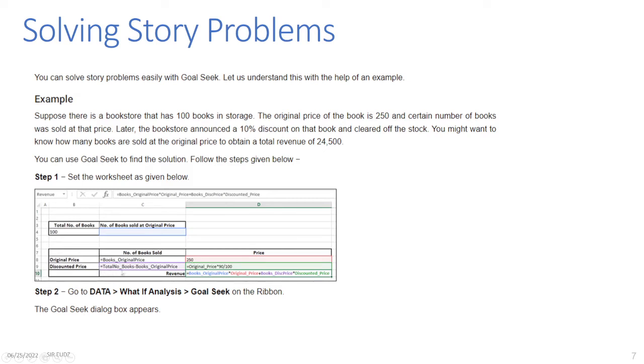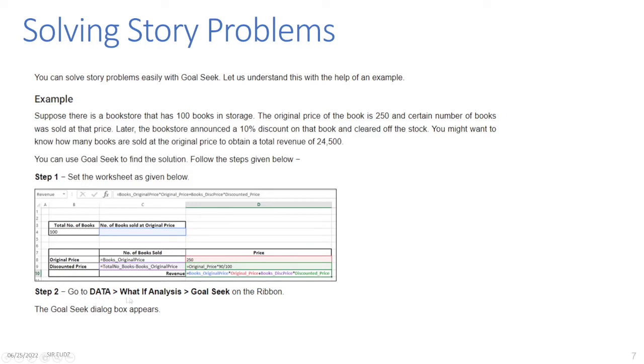And then the discounted price, so total number of books minus books at original price, then original price times 90 divided by 100, because it's discounted by 10%. And revenue equals books at original price times original price, so this is the number of books times the price, plus books at discount price times discounted price.